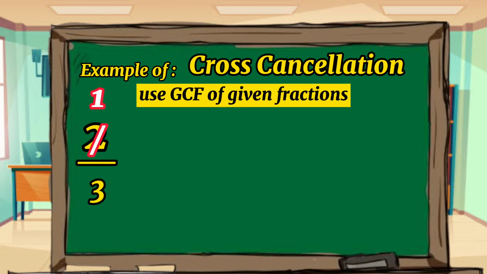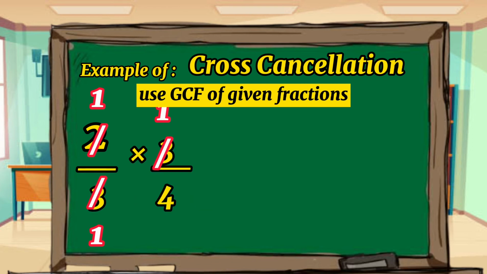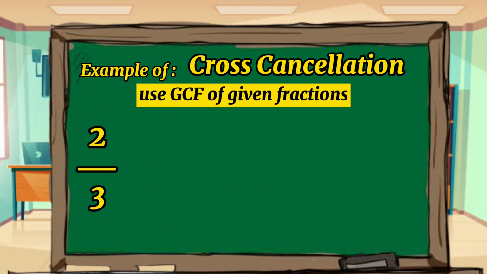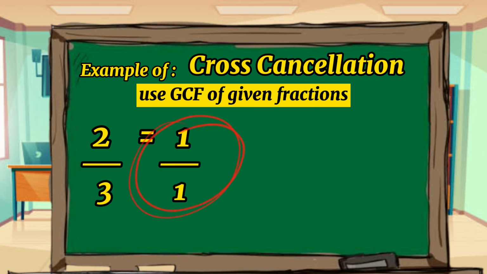Next, the GCF of 3 is 1 because 3 times 1 equals 3. Then, the GCF of 4 is 2 because 2 times 2 equals 4. Therefore, 2 becomes 1 and 3 becomes 1. 2/3 becomes 1 over 1 and 3/4 becomes 1/2.